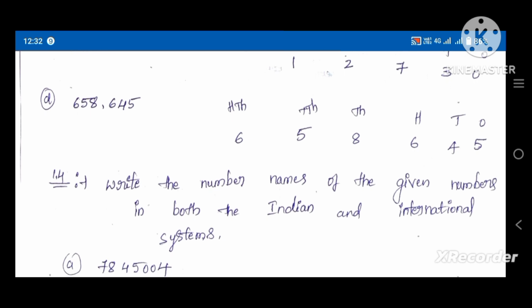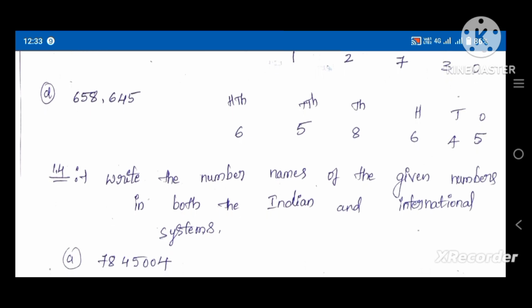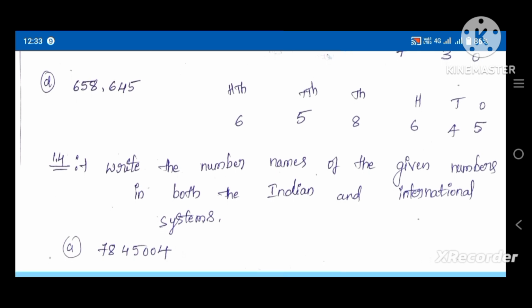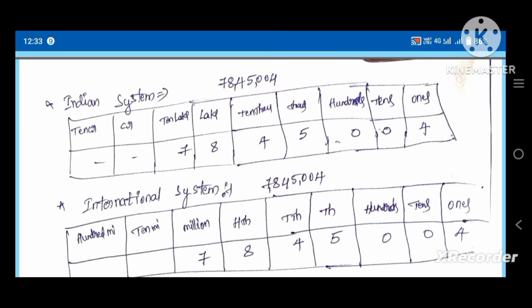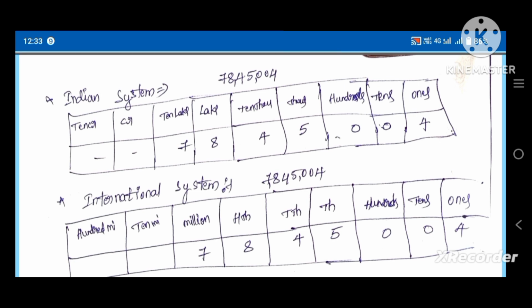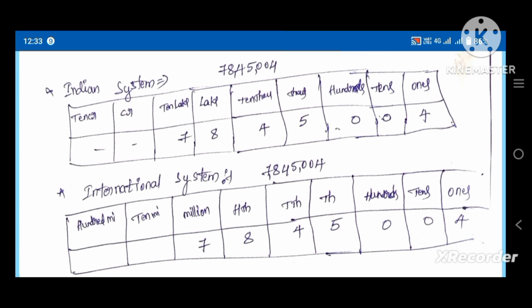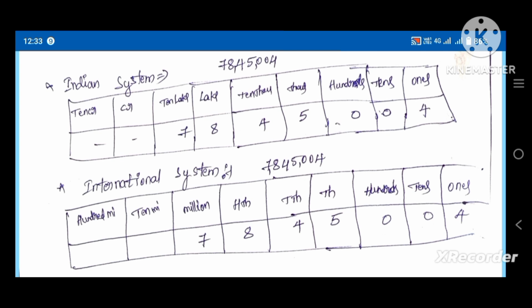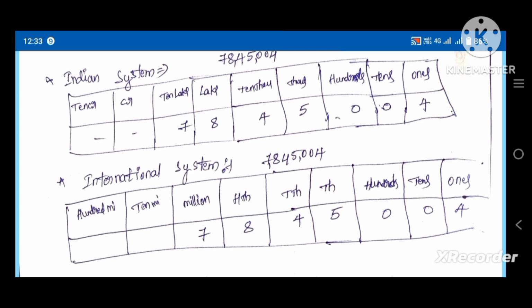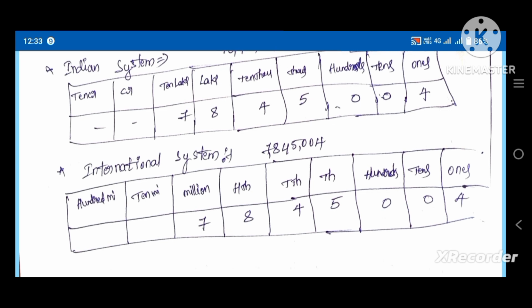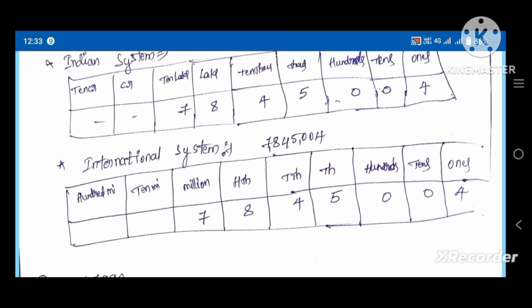1.4 Write the number names of the given numbers in both the Indian and international systems. First, we put the commas in the Indian system. After the first 3 digits, we put the comma. Next, after two digits, we put the commas in the Indian system.